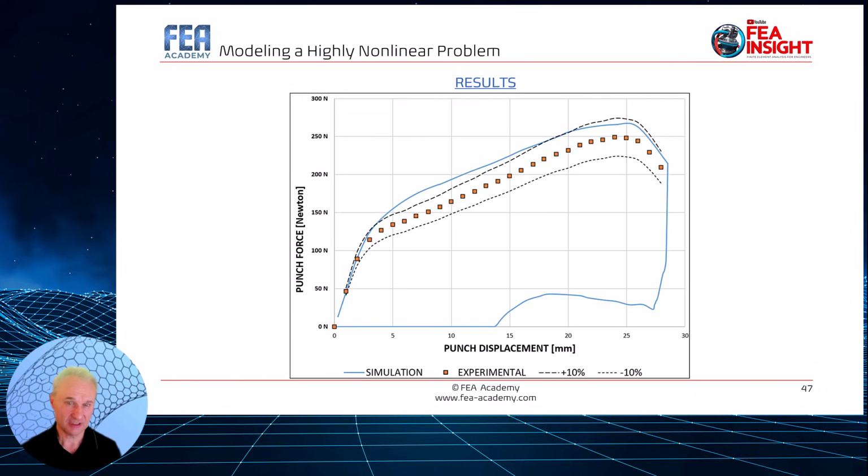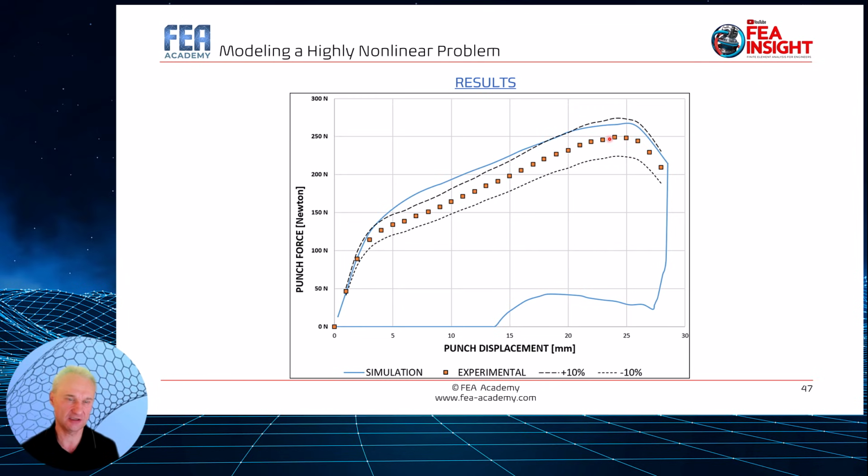So we can claim a very good correlation for this angle. This curve here shows the load displacement curve of the punch. It is obtained by extracting the data from the 310 load increment of the load history. Again, the correlation with the experimental data is very good.